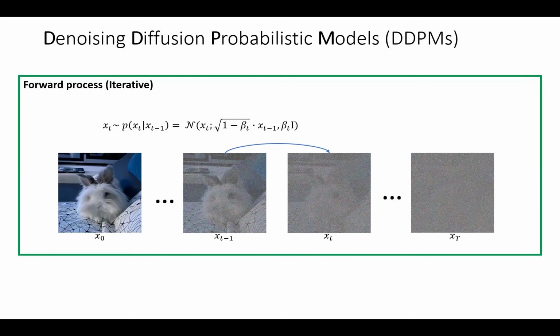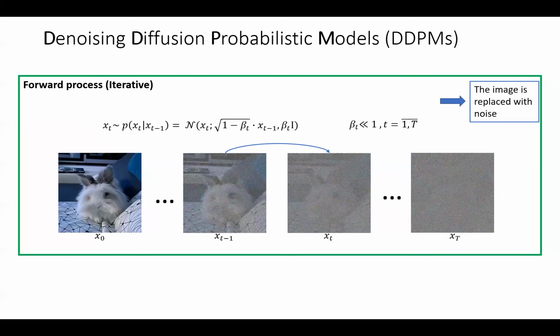What this is saying is that given xt-1, we can generate xt. It's an iterative probability distribution. We start with, say, x0, we generate x1. From x1, we generate x2, x3, and so on. It is shown here. And beta t is a small number.